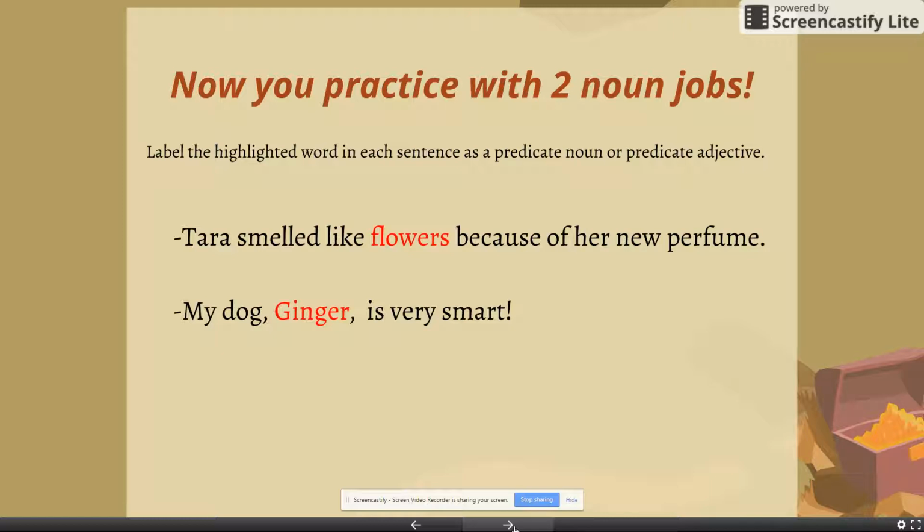She smelled like flowers. So flowers in this case is a predicate noun, right? Tara smelled like flowers. Tara is essentially equal to a flower, okay? The second one is much like the last sentence I had in the examples. My dog, Ginger, is very smart.